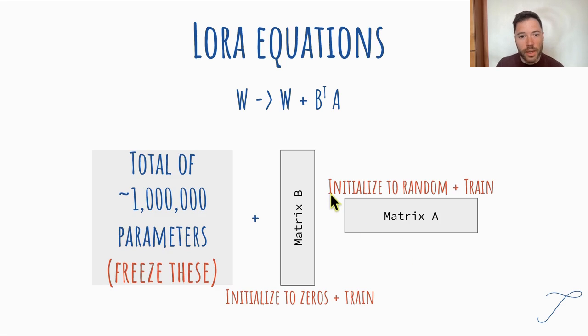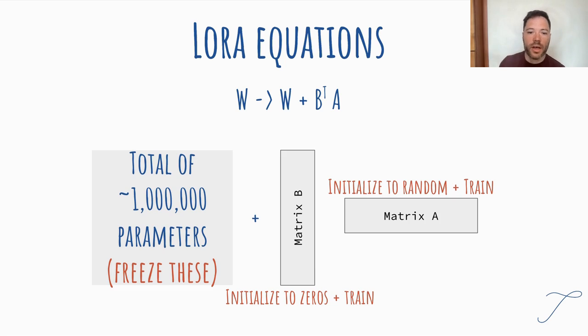And more specifically, I already said that we'll freeze the original weights, but when we initialize these trainable matrices, we're going to initialize the B matrix to 0, and we initialize the A matrix to random values. And the reason for this is so that at the start of training, when we multiply B times A, because B is zeros, B times A is going to evaluate to 0.